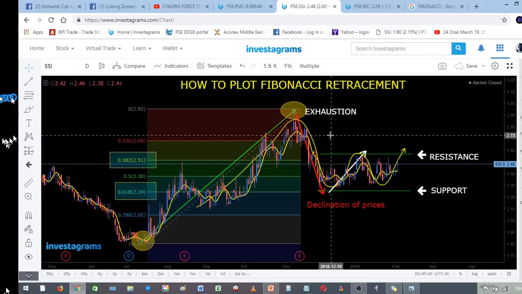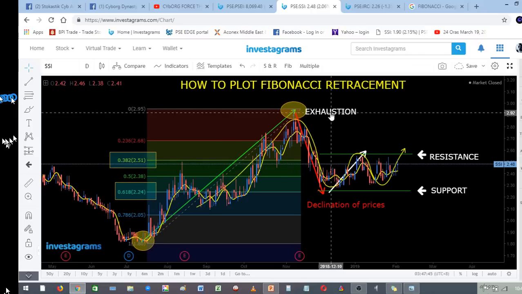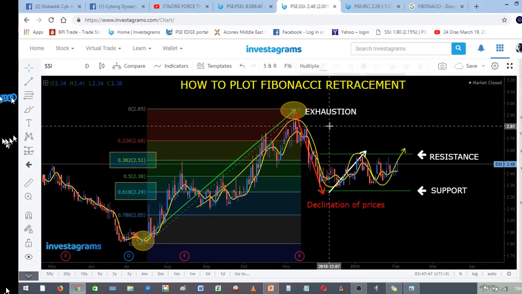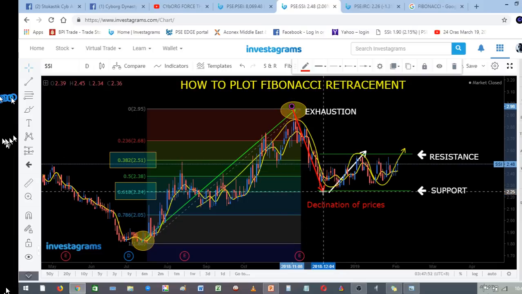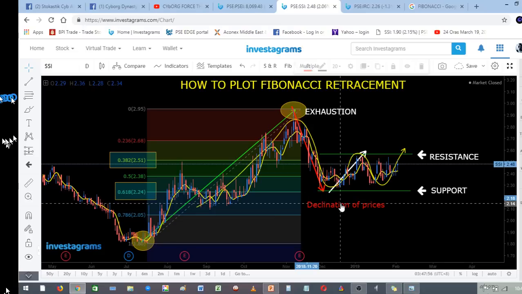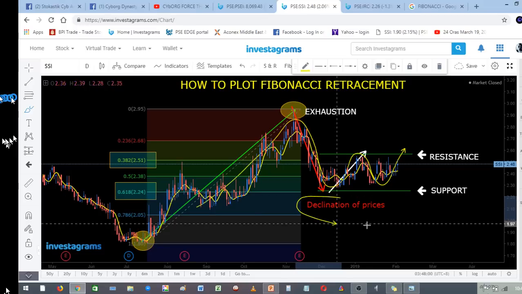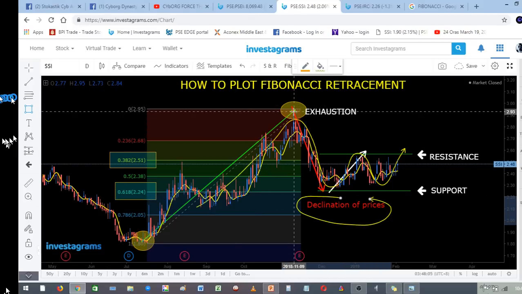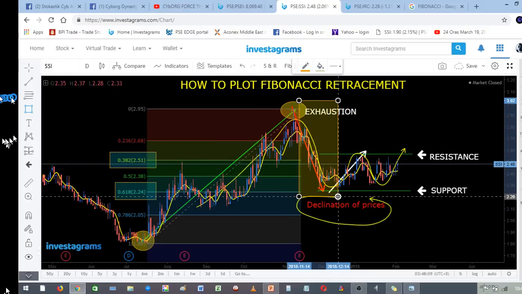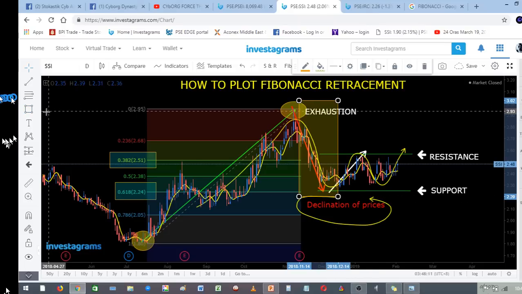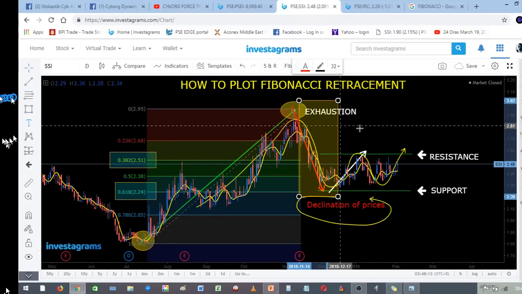The stock has been exhausted, so definitely this stock will go down. So this is the declination of price. This period is your retracement.